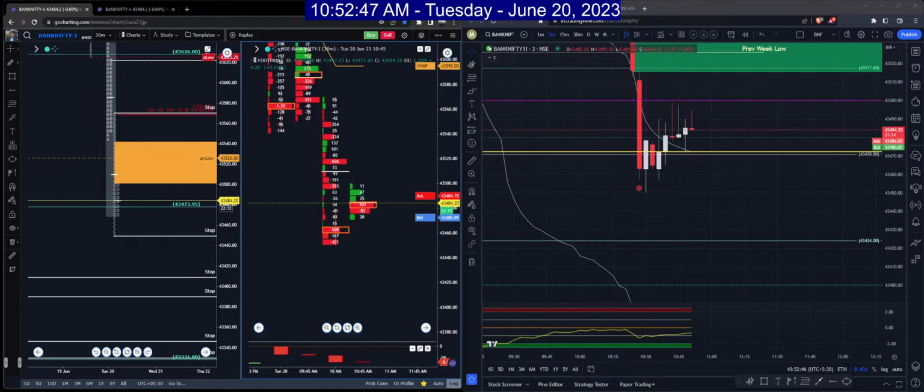43,100 CE again. Note it down. 388.7, and I bought it at 392.05. So there is a buyer here.